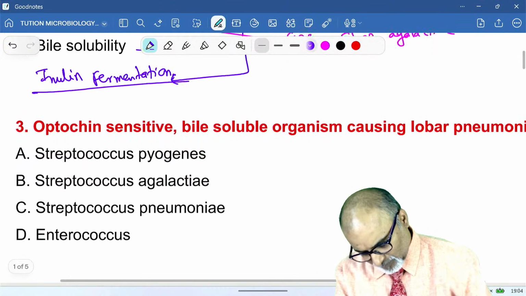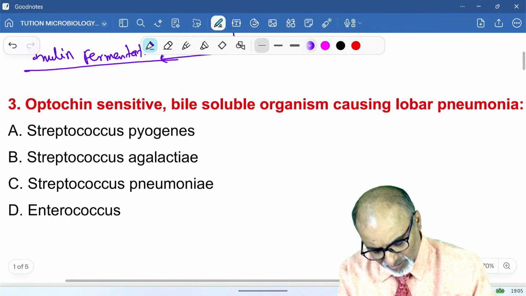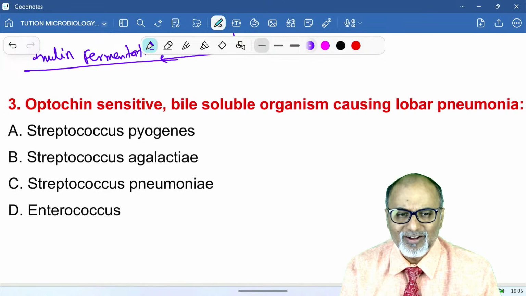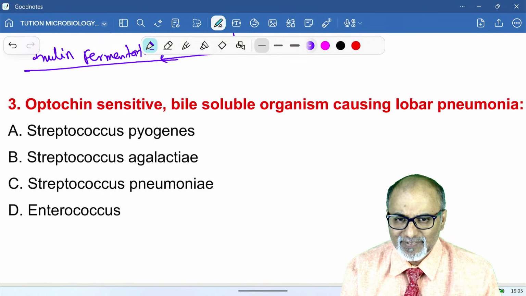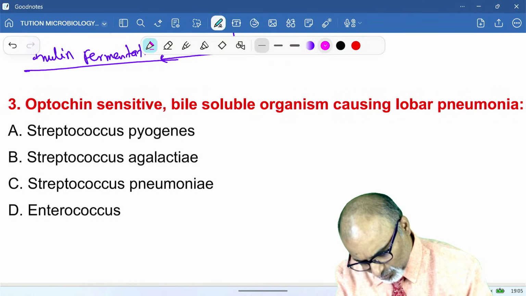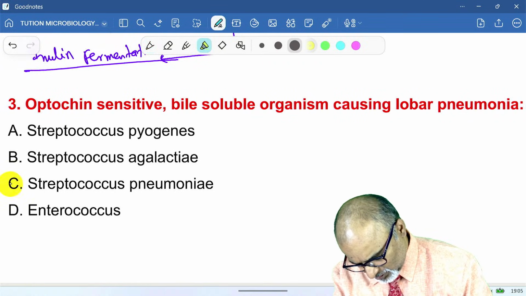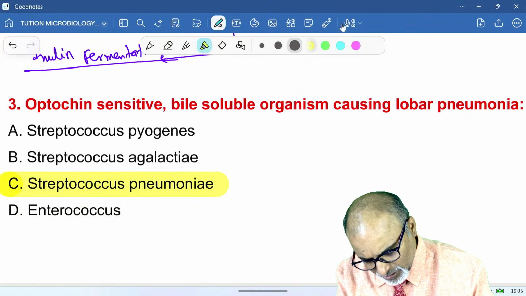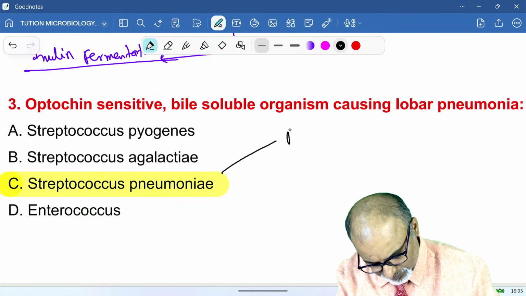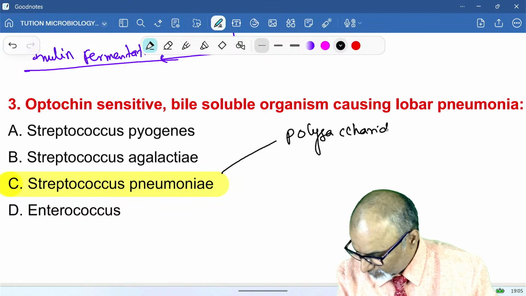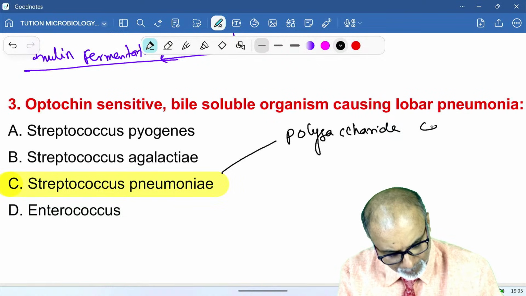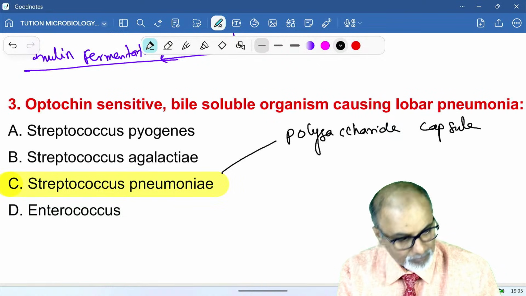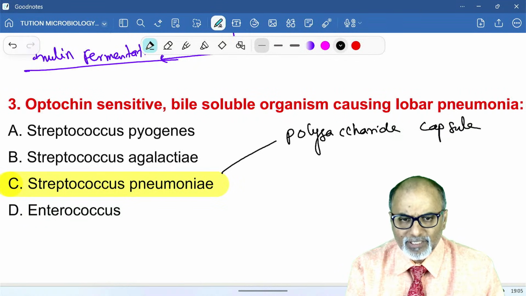Next: optochin sensitive, bile soluble organism causing lobar pneumonia. Already we discussed optochin sensitivity, bile solubility, inulin fermentation. You can go directly for Streptococcus pneumoniae. The important virulence factor of Streptococcus pneumoniae is the polysaccharide capsule.